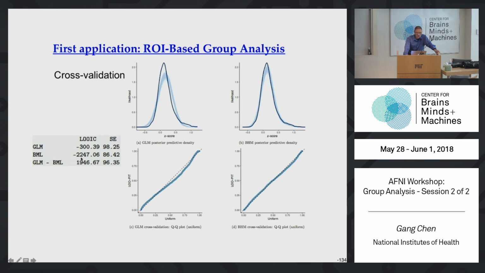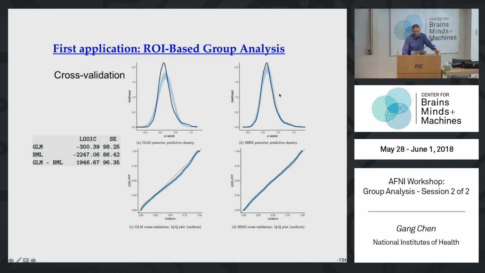You can immediately see the difference in information criteria between the two models. The first is the traditional general linear model, and the second is the Bayesian approach. Immediately we see the Bayesian model does a better job. The performance is better. So that's one way to judge the performance of the model.